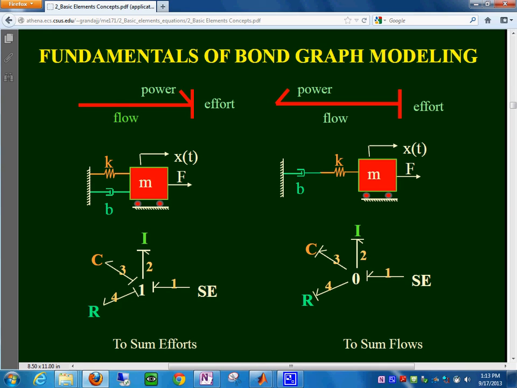I think we'll study those in more detail a little later, but for now, please understand that we use a one or a zero depending on what we need to do, which variables need to add or which variables need to be constant. Okay, this is the introduction to these elements. Any questions about this?